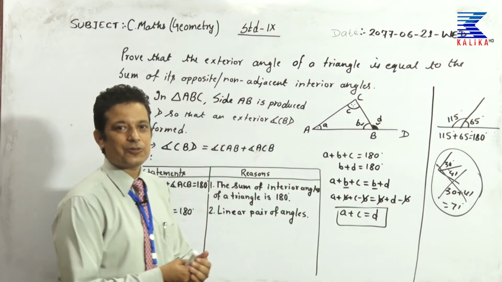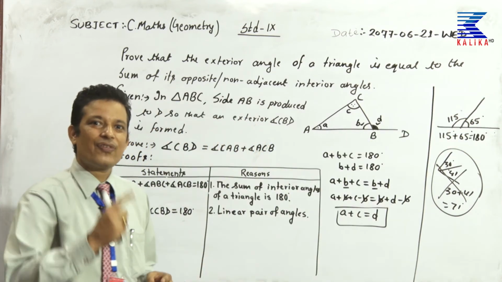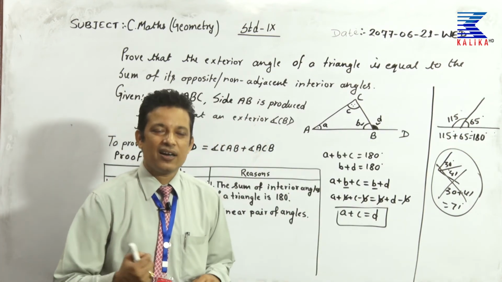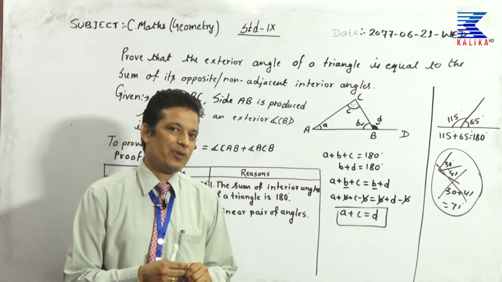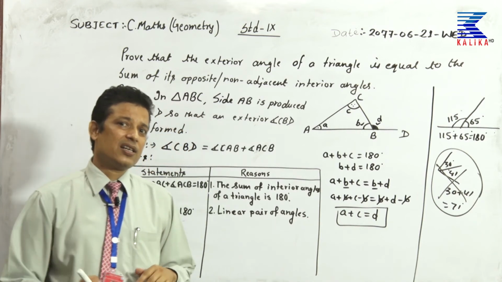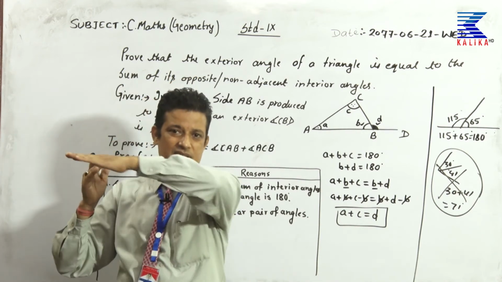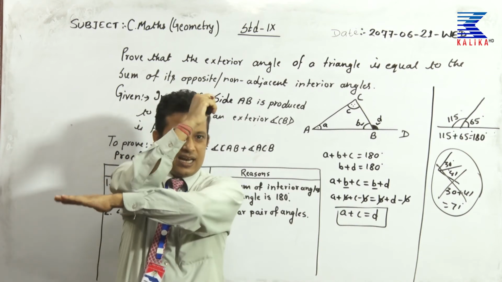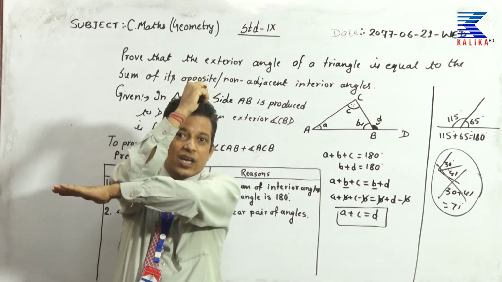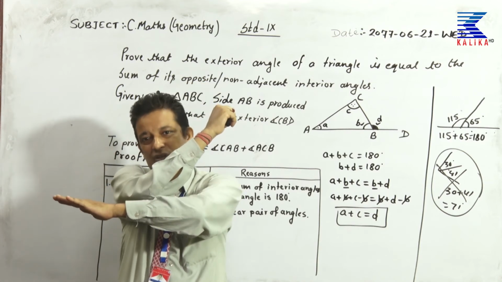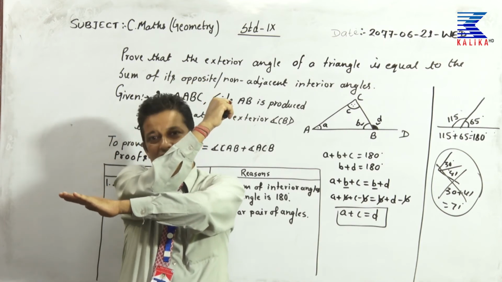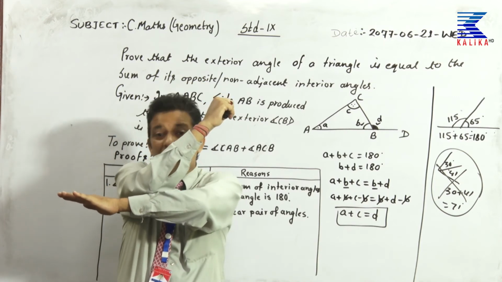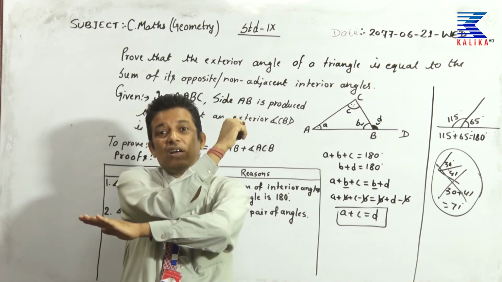Linear pair of angles means a pair of angles whose sum is 180 degrees, they are known as linear pair angles. Or, look, this is a straight line, you can take my hand as a straight line, and look, 2 angles you can see, this one acute angle, this one obtuse angle. Now, the sum of these 2 angles is 180 degrees.